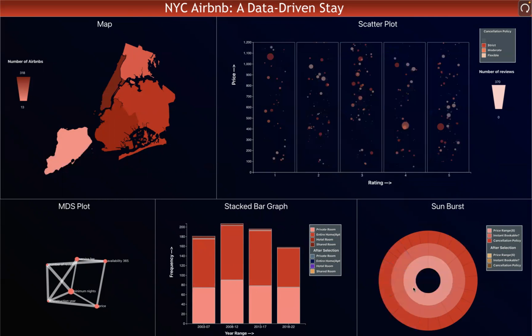And one of the other things you could also see here is that the price ranges are also equally distributed. For 300 to 600, there are 212 rooms, and for 600 to 900, there are also 209 rooms. So there's sort of an even distribution, and that's another interesting observation that we got.